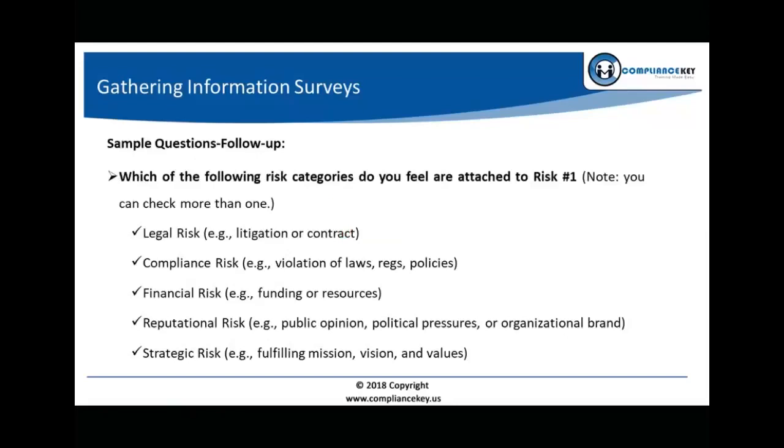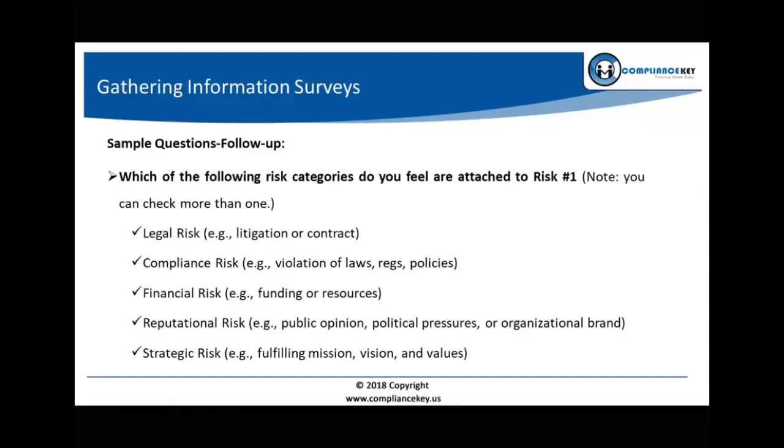The next set of follow-up questions you could ask would be with regards to identifying different risk categories for them. And I think this is a good thing to include because people are going to define risks differently, and so you want to have some type of standardized definition of risk. You don't have to necessarily use these, and I've just given you some examples in parens about what we're talking about.